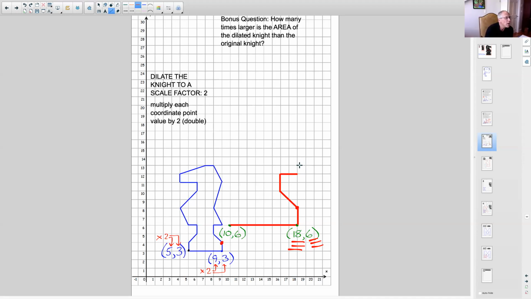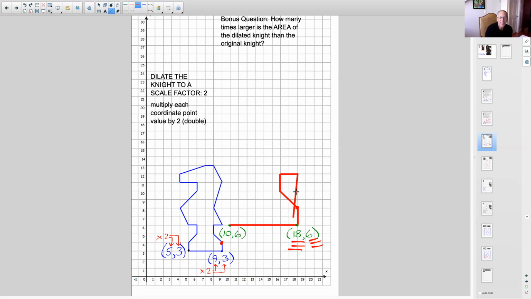And who's ready to go to the next point? So now, guys, the next point is 8, 8. Can we double 8, 8? Everybody double 8, 8. Go. 16.